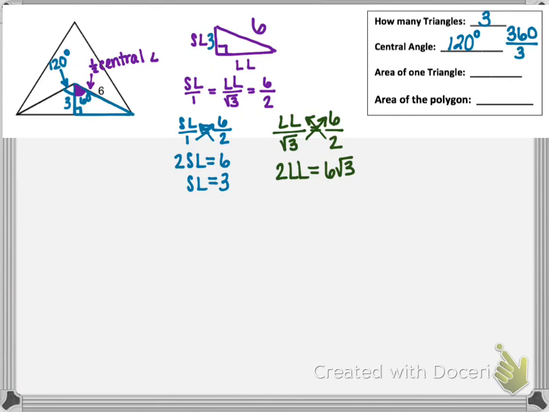Then to get the long leg by itself, I'll divide by 2 on both sides, and I'll end up with 3 square root 3. So I know right here this length is 3 square root 3, and then in my larger triangle, this guy is 3 square root 3.